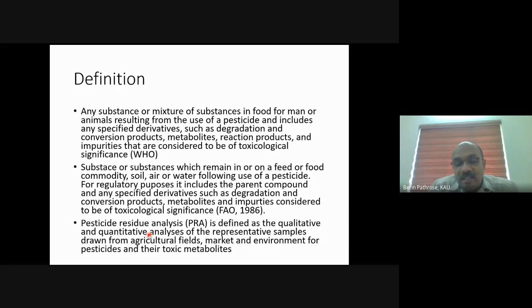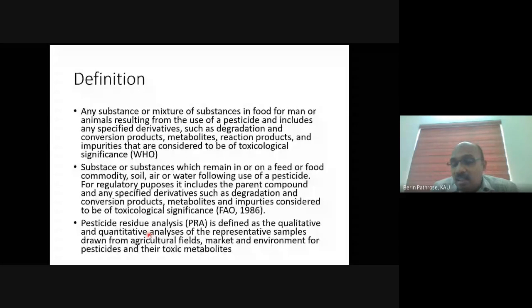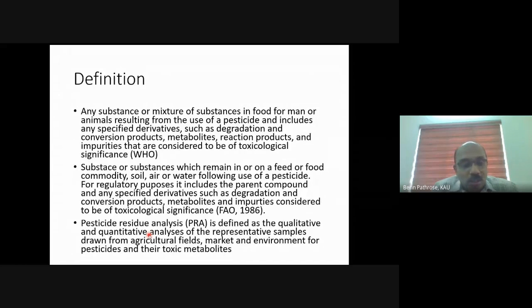This is done on representative samples. Sampling in pesticide residue analysis is critical. We will move into sampling once we go into the steps of pesticide residue analysis. Today we won't be going into that.